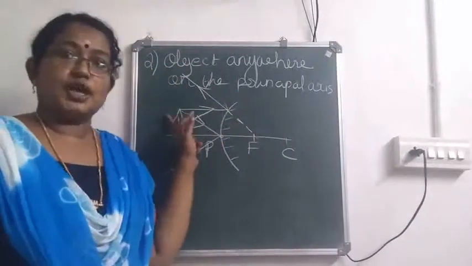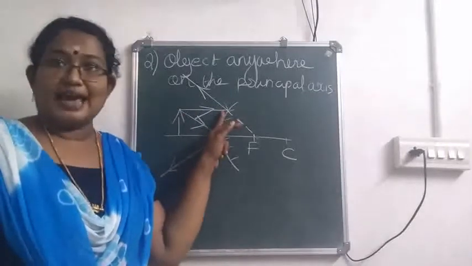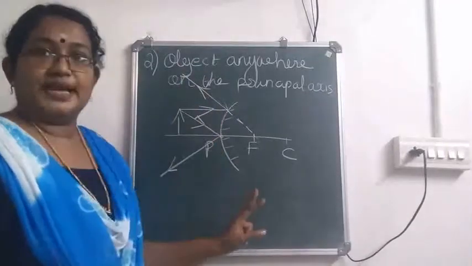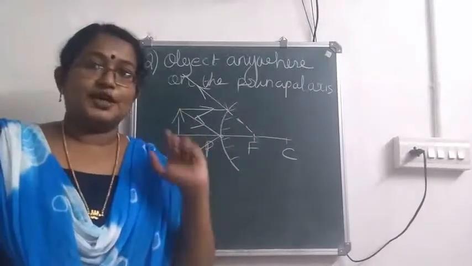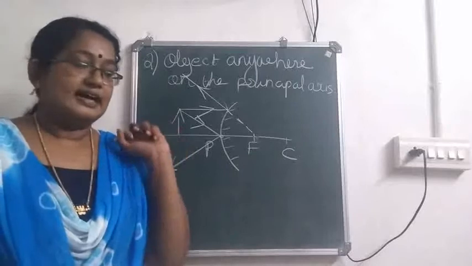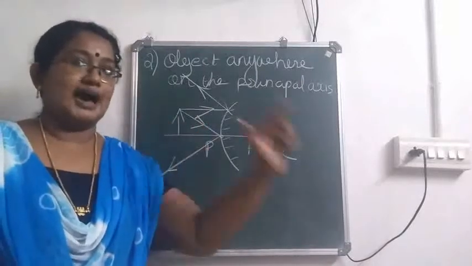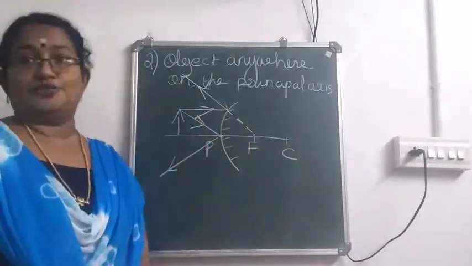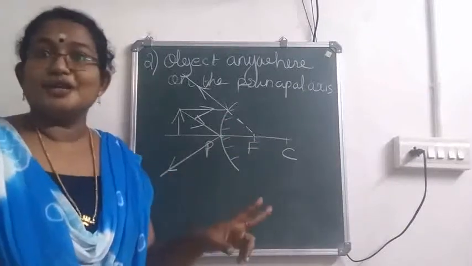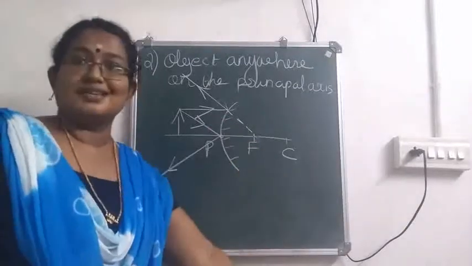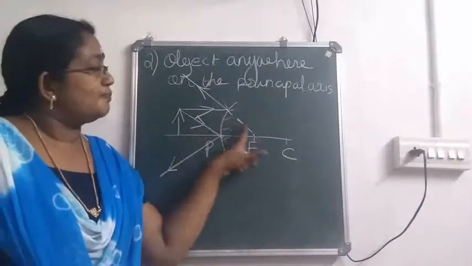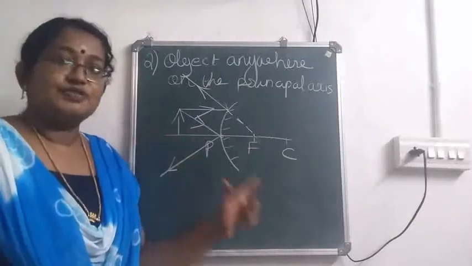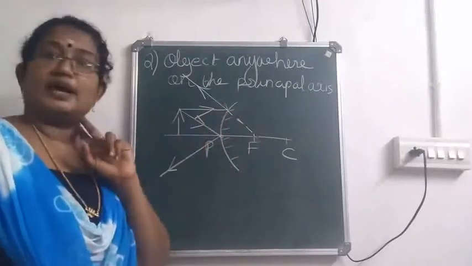The ray which comes parallel to the principal axis after reflection appears to come from the focus. In the case of a concave mirror, what did we learn? A ray parallel to the principal axis after reflection moves through the focus. Here we cannot say that it moves through the focus because the focus is in the inner part. So we say the ray parallel to the principal axis after reflection appears to come from the focus.